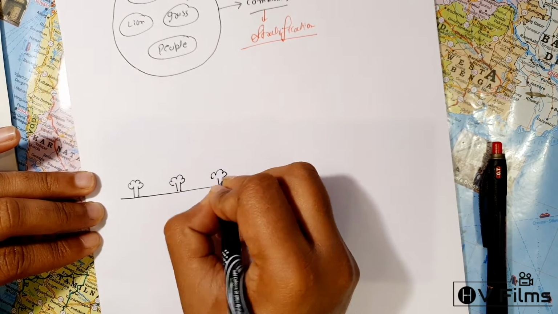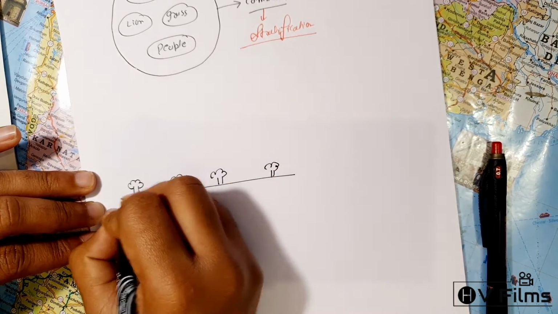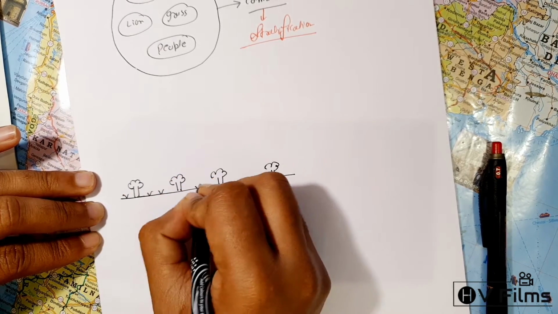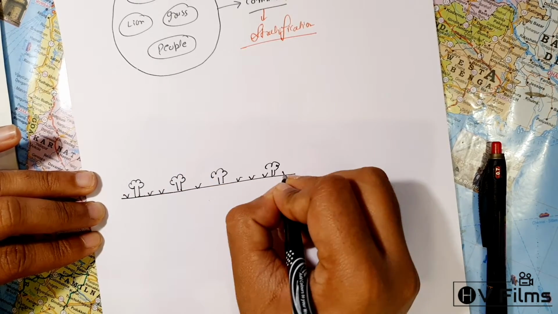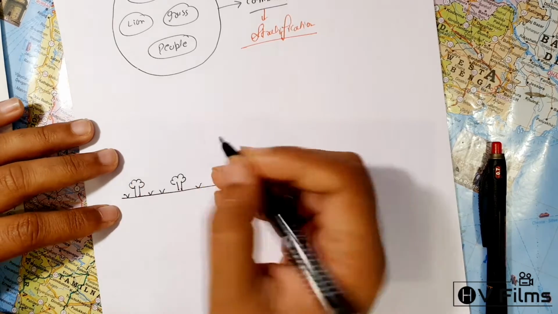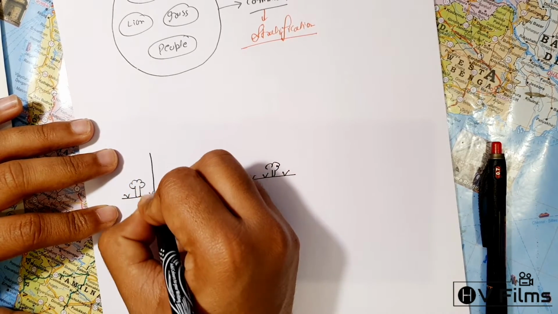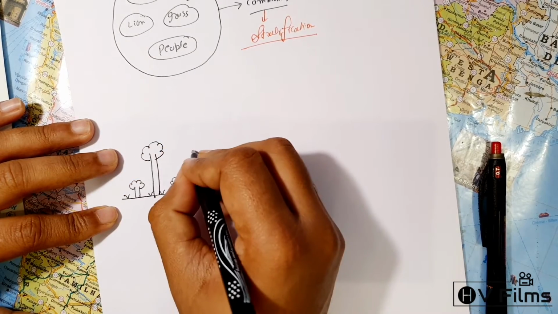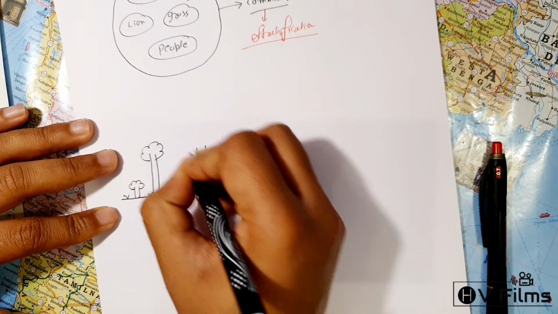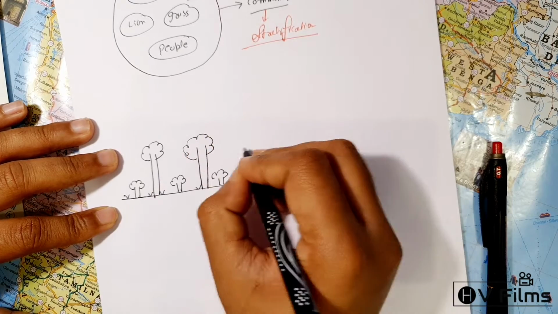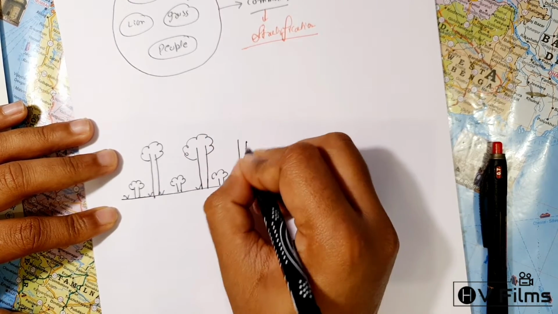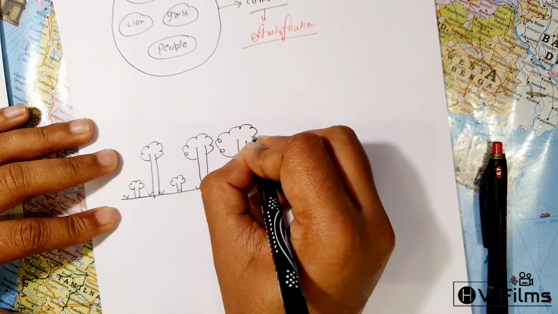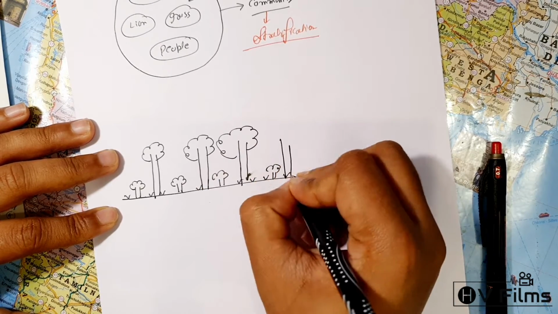So we have grass. First we'll make small trees here. This is grass. Then slightly bigger trees.